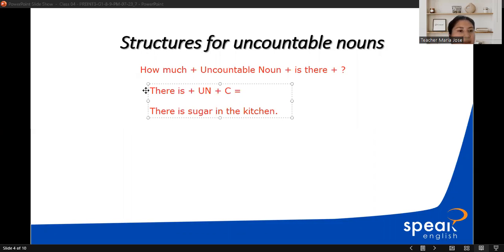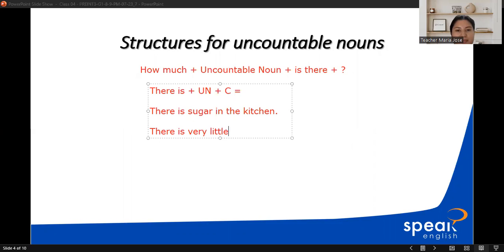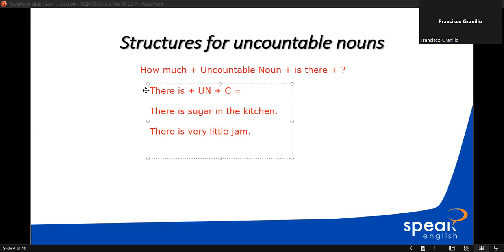Can I have a different structure? Gabriela? There is very little jam. Excellent. Another example, Francisco? There is milk in the kitchen.